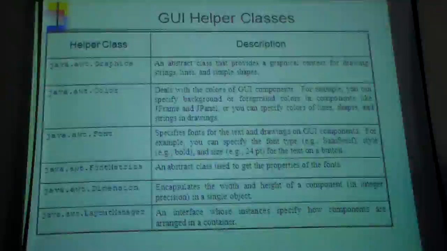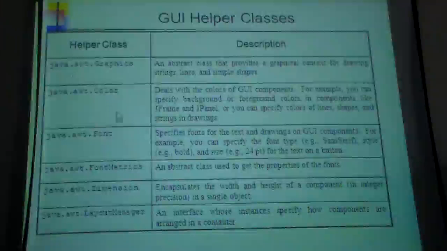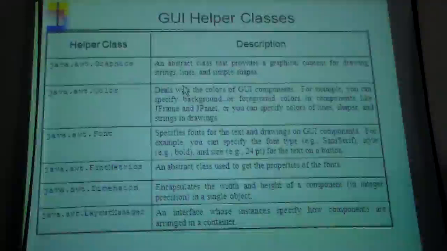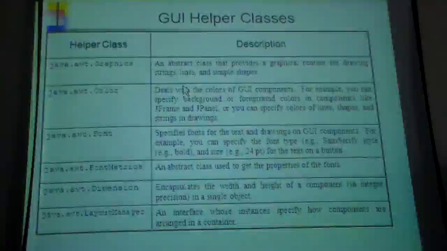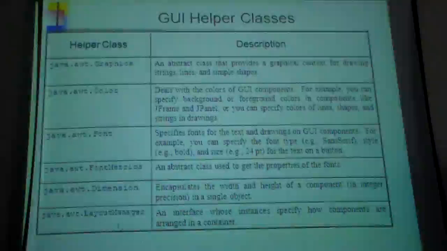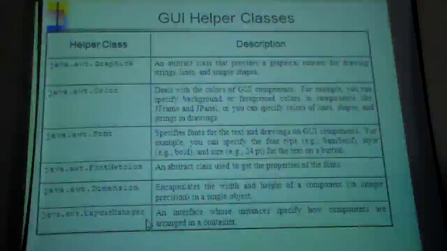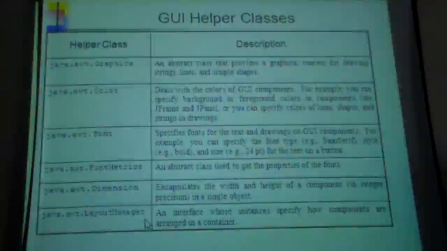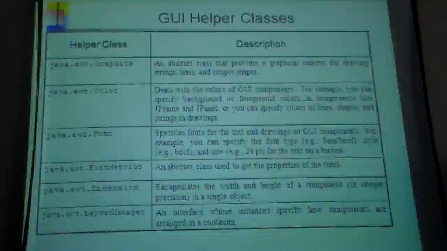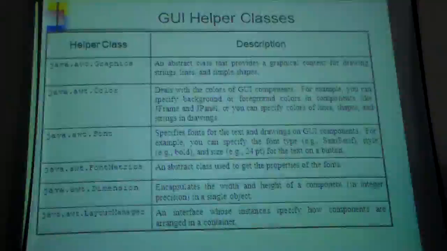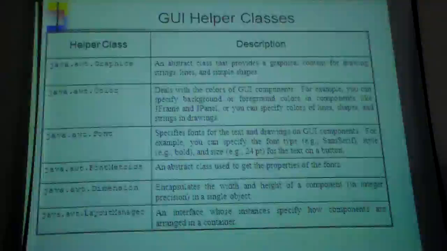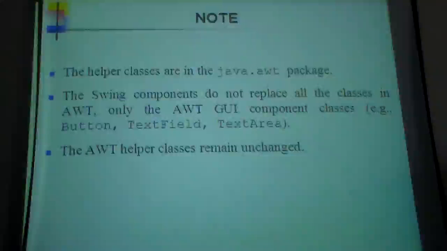If I want to color something, I should create an object from Color, Font, FontMetrics, Dimension, and also LayoutManager. Layout manager, we will maybe take in the next lecture, is responsible for managing all components in our container, frame or window.